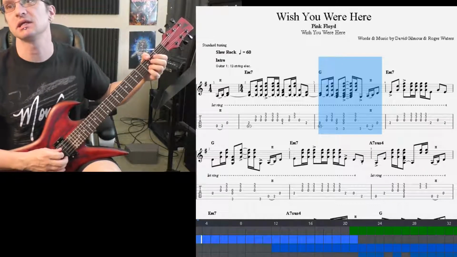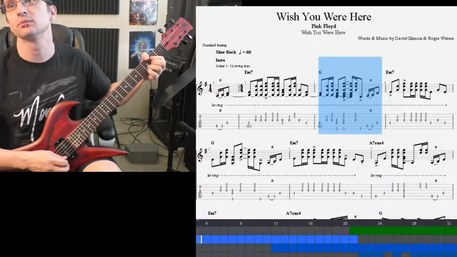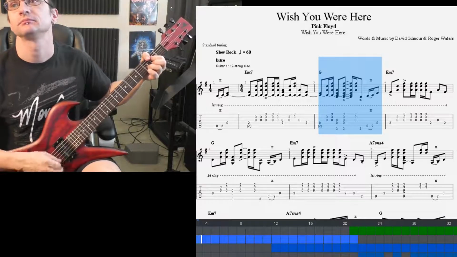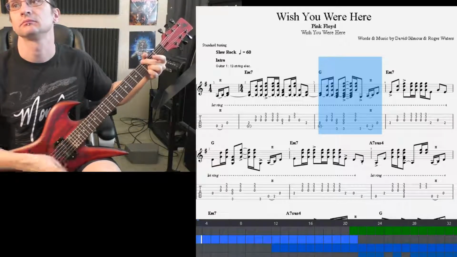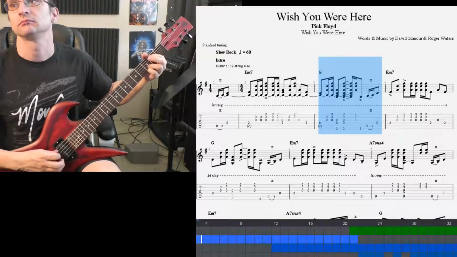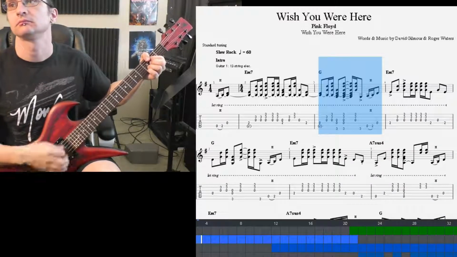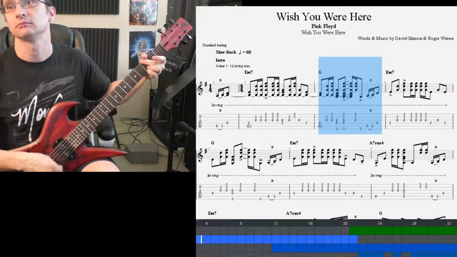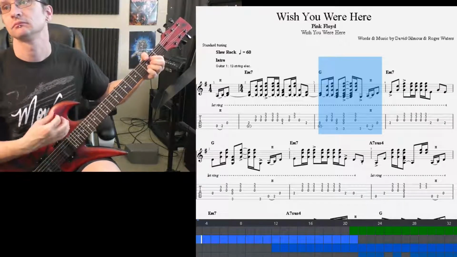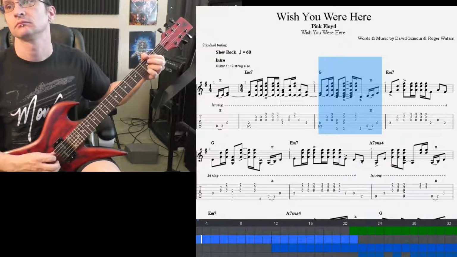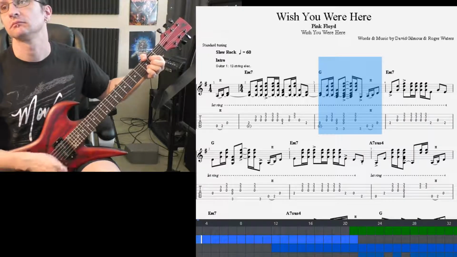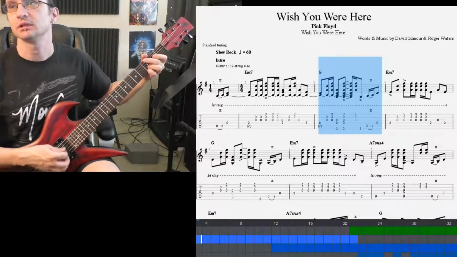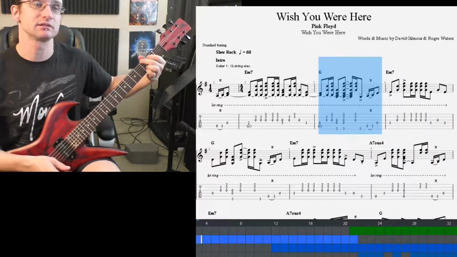Anyway, the G chord is basically the gist of what's going on there.